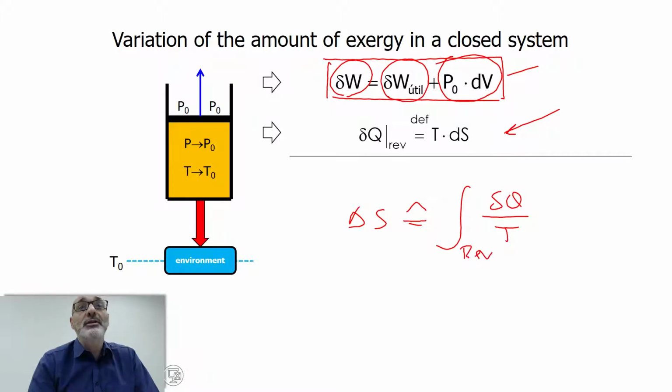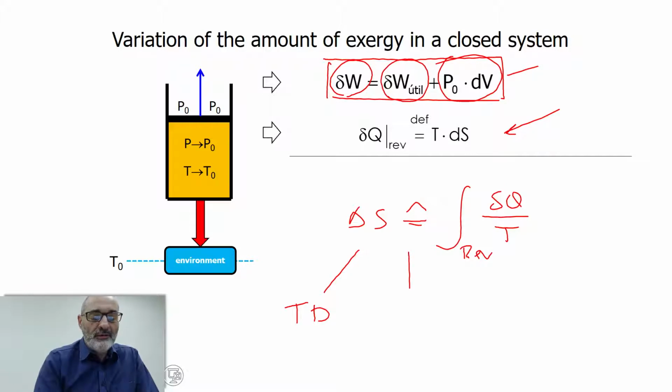Entropy, as I already mentioned, is a measure of the level of disorder of the system. You actually have 4 types of entropy, and they are equivalent. You have what we call thermodynamic entropy, which is this one. You also have what we call Kolmogorov entropy, which has a different definition but is completely equivalent. And you also have information entropy.